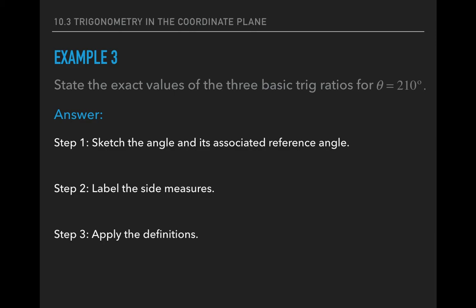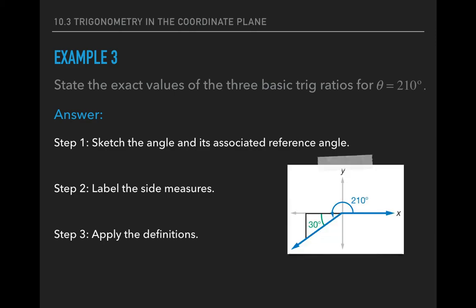Make a nice clean sketch. Here's mine. 210 is just 30 degrees past your x-axis, which conveniently is my reference angle. I'm measuring up to that x-axis. That is my alpha, my reference angle.